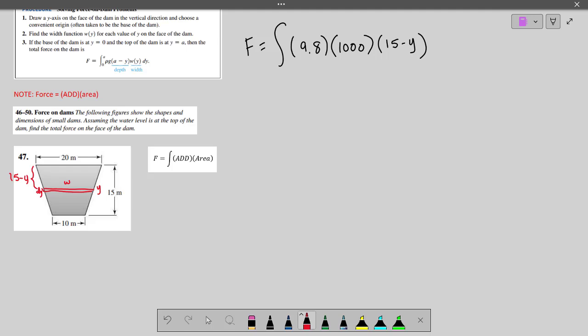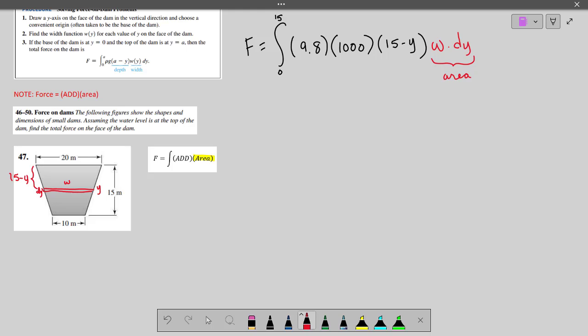So the limits of integration, we'll calculate them and think of them very similar to what we did with the work problems. So now here is the only difference. Instead of an elemental volume, we have an elemental area, and the area is just W multiplied by dy. So that's what's going to go in right here, W multiplied by dy. This is the area that we are speaking of.